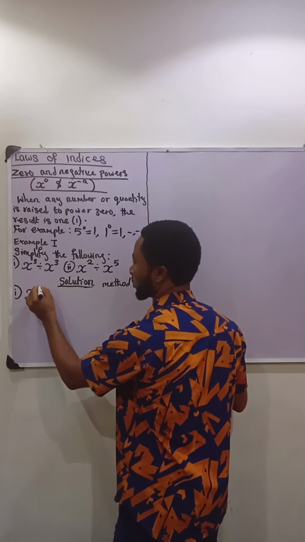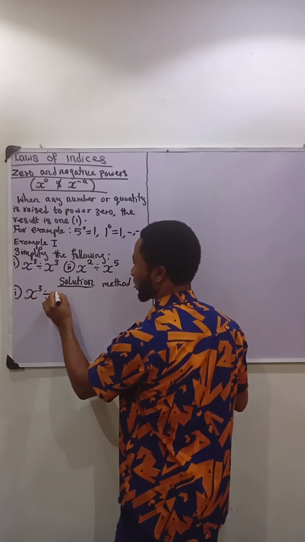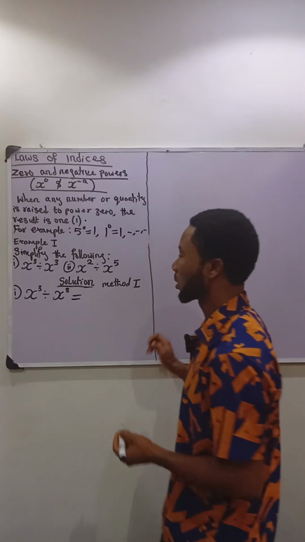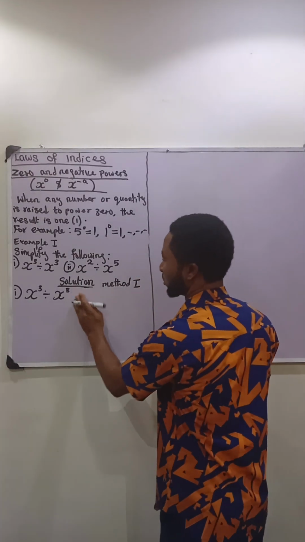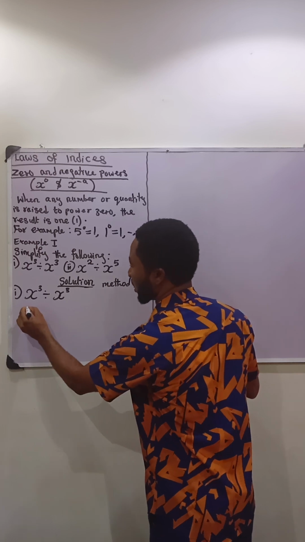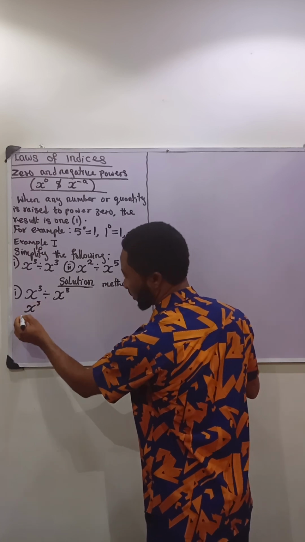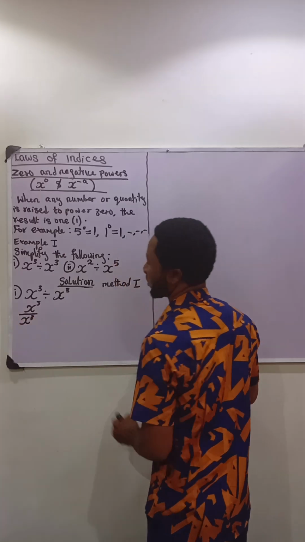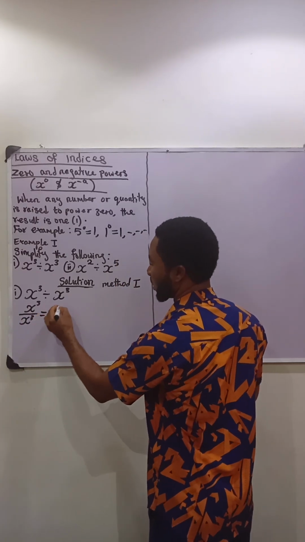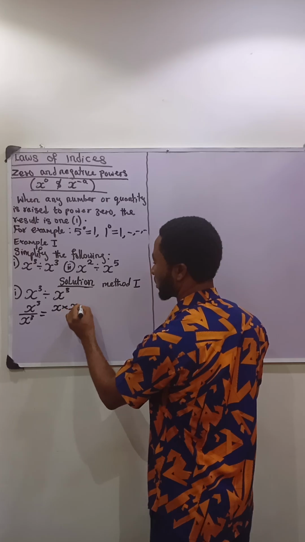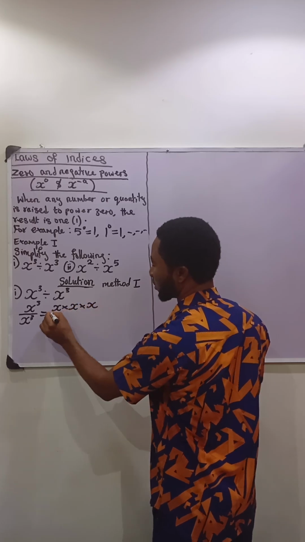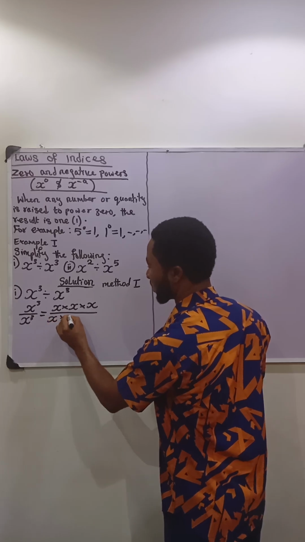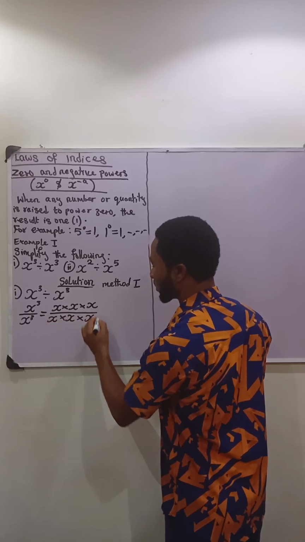Number 1: s raised to the power of 3 divided by s raised to the power of 3. As usual, we all know this is the same thing as s times s times s over s times s times s.